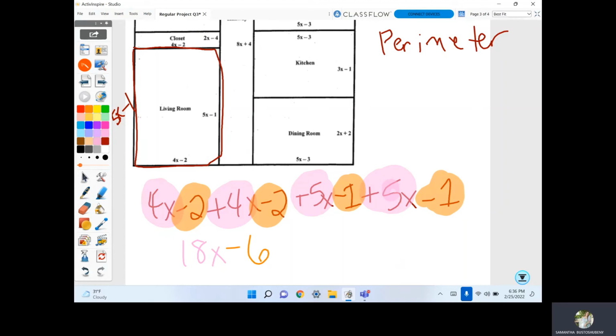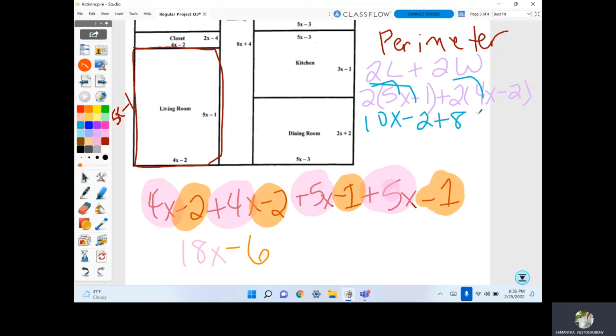Now there also is a quicker way to do this. You could do the formula. The perimeter formula is 2 length plus 2 width. So in this case, I would have 2 times, and it doesn't really matter which one you pick as your length or width, but for argument's sake, I'll put 5x minus 1 here and 4x minus 2 here. I distribute it out next: 10x minus 2 plus 8x minus 4.